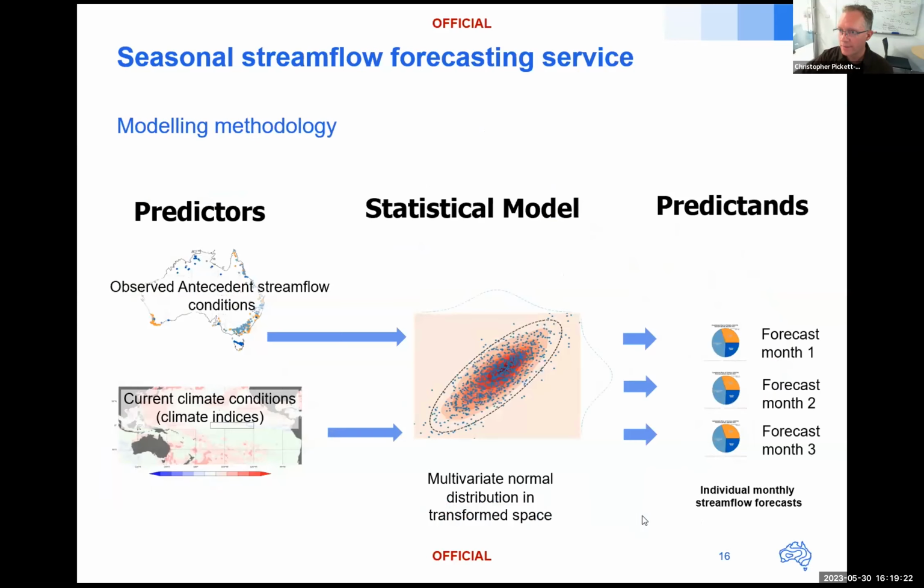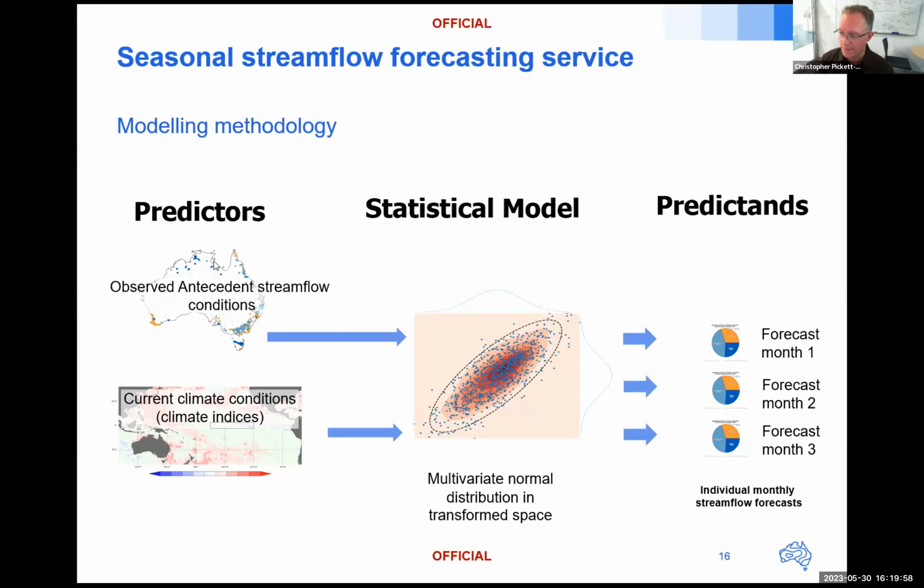So just quickly, the modeling methodology we use for this particular type of model is a statistical model. So it's not a hydrological model per se. It's based on a multivariate normal distribution in transform space. It takes in the main predictive variables, and the information coming in is incident observed streamflow at these locations, which implies that, as with the short 7-day forecast, you're reliant on the reliable provision of hydrological data coming in to these forecasting systems in order to generate a forecast.